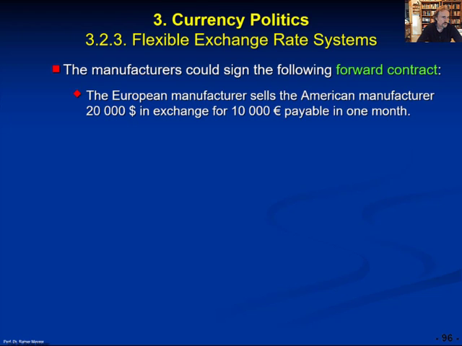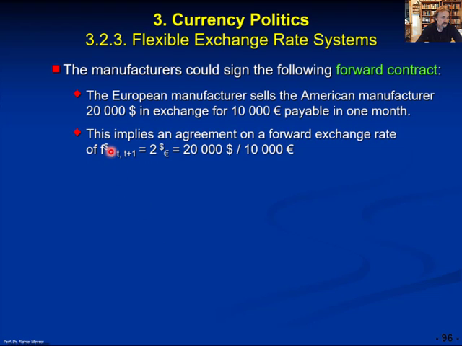For example, the European manufacturer could sell the American manufacturer $20,000 from the revenue from selling the car to the American market in exchange for 10,000 euro, the revenue of the American manufacturer from selling refrigerators to the European market payable in 1 month. In this case, we would implicitly have an agreement on a forward exchange rate of $20,000 over 10,000 euro, which equals $2 per euro.